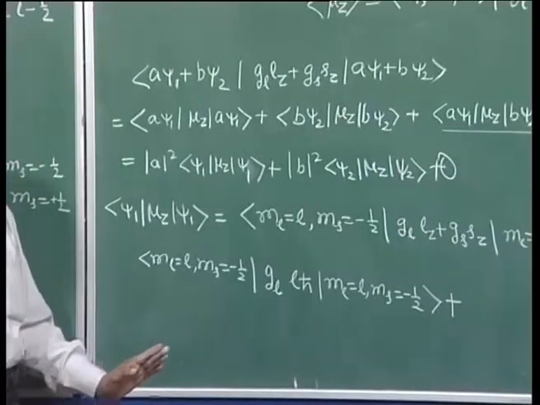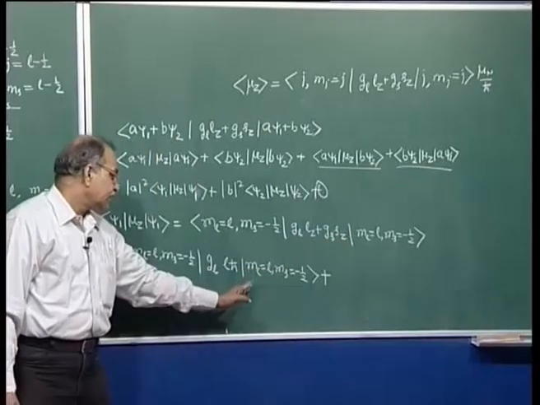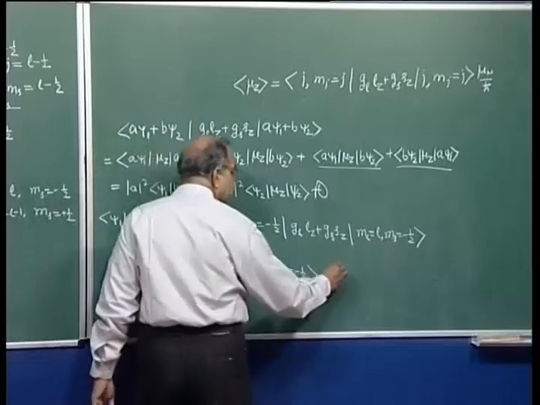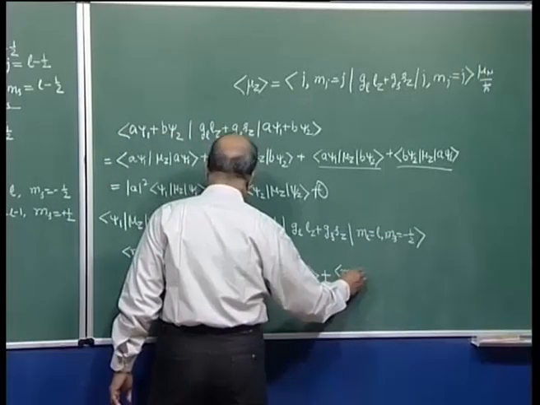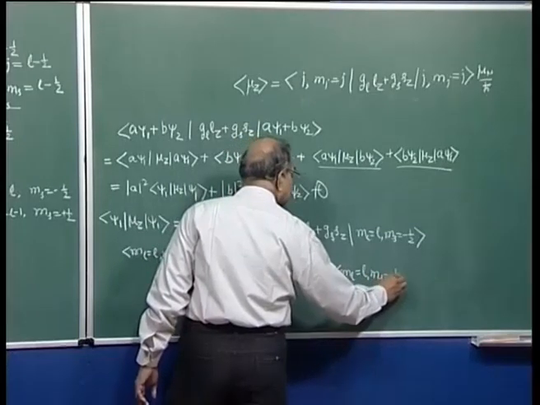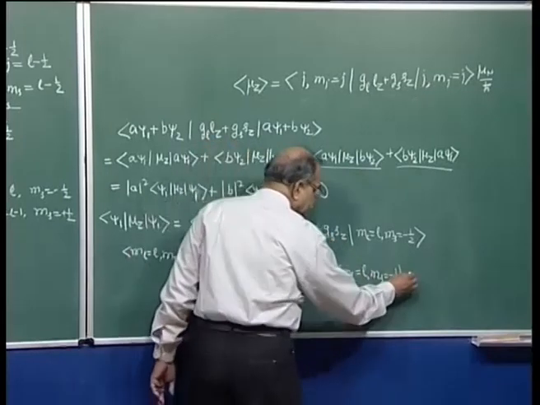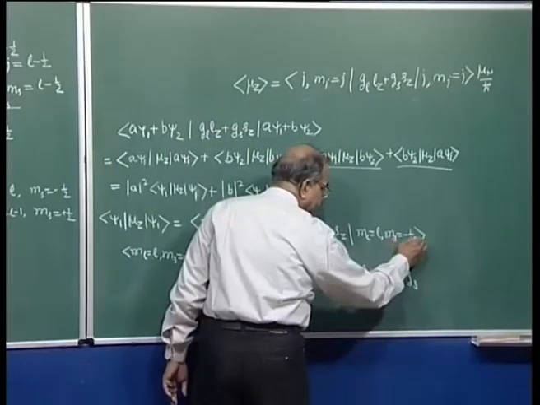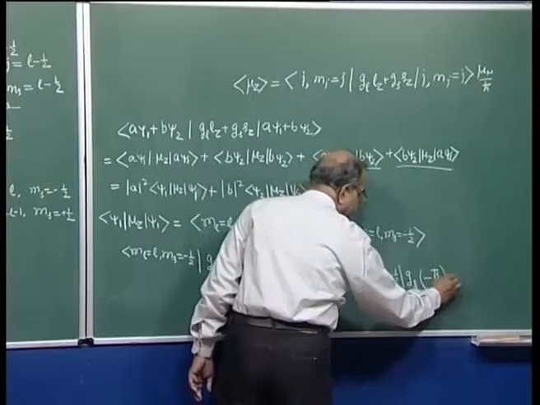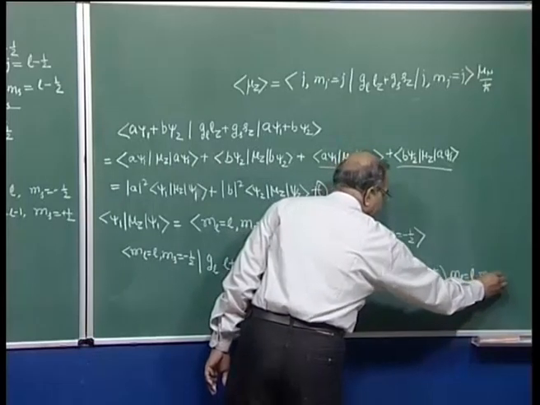Okay, I have done only one part. This Lz I have operated on this and I have written here, and next is Sz. So, I write ML equal to L, MS equal to minus half, and then GS and Sz operating on this, what will it give me? Minus h cross by 2.